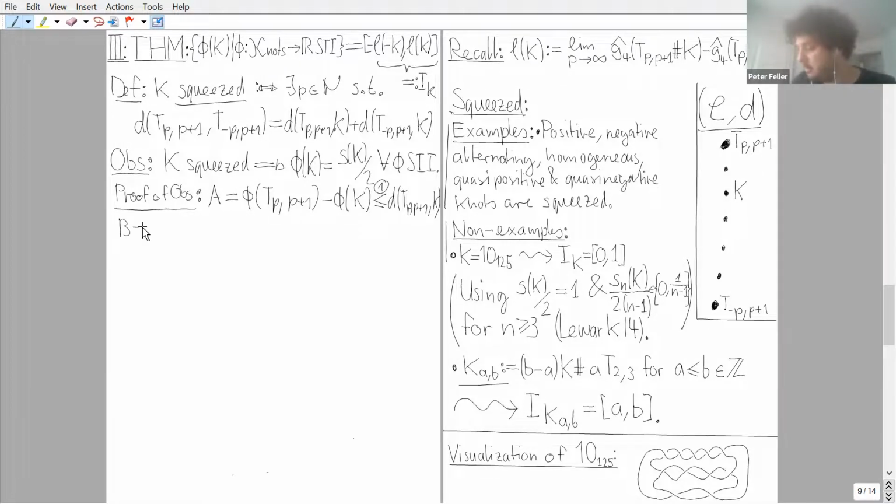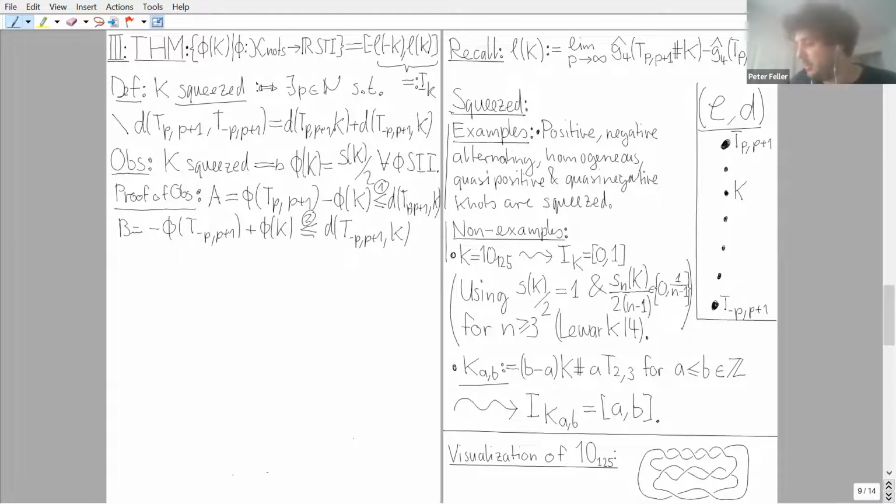And similarly, I can define a quantity B, which is kind of the opposite. I take my slice-torus invariant, minus P plus 1, plus slice-torus invariant of K. And that will be a lower bound in the same way for the distance between this negative torus knot and K. Nothing has happened so far.